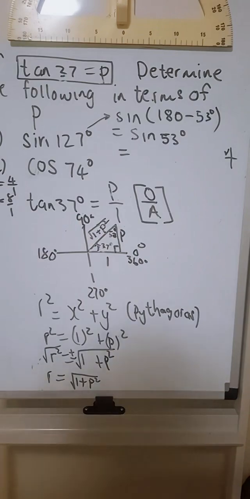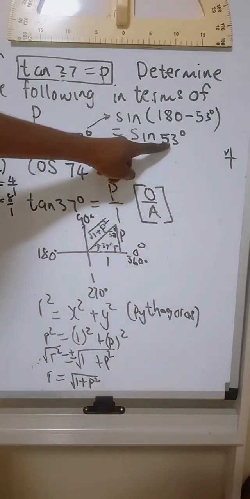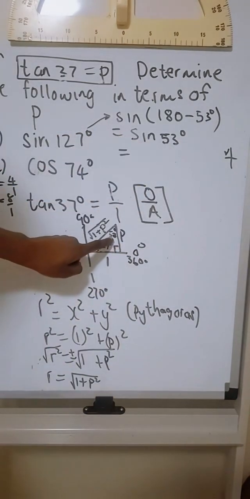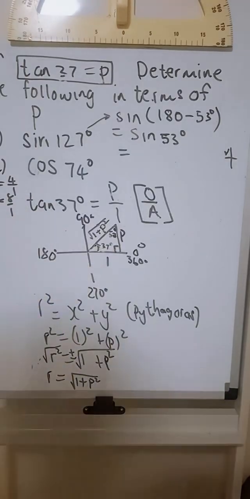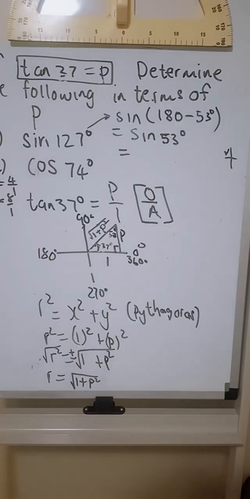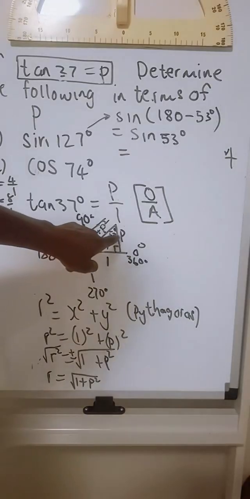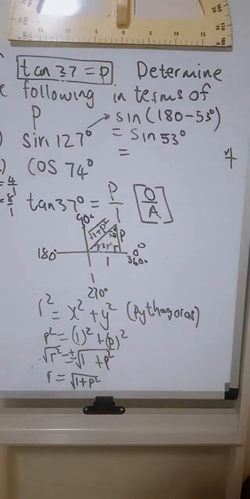Had we not, we would not have been able to see there's 53 degrees. Now I need to ask myself, what is the definition of sine? It is opposite over hypotenuse. Where is 53 degrees? There it is.